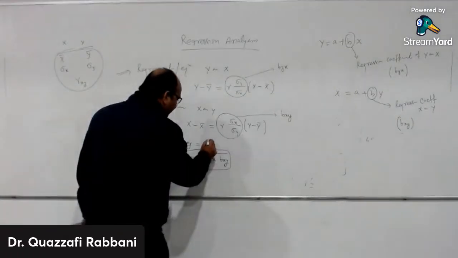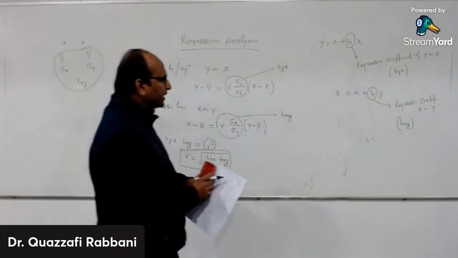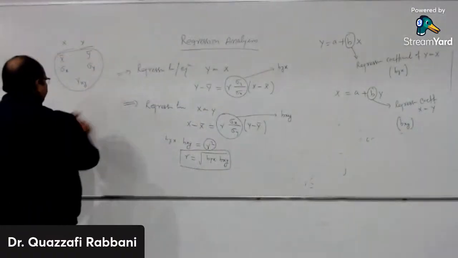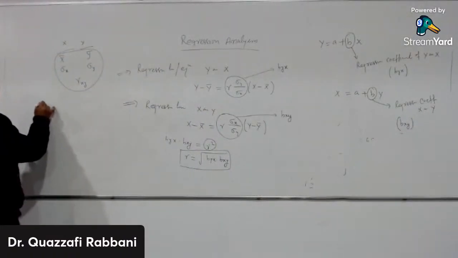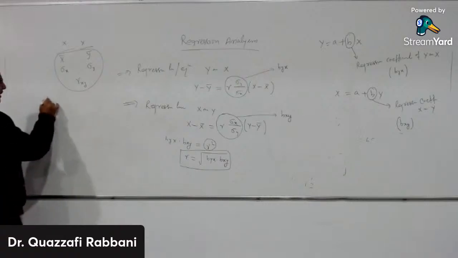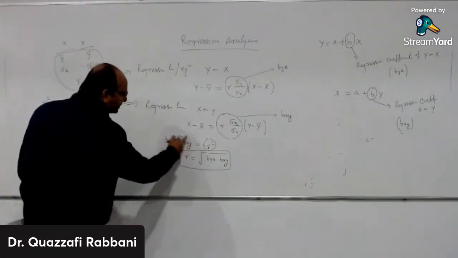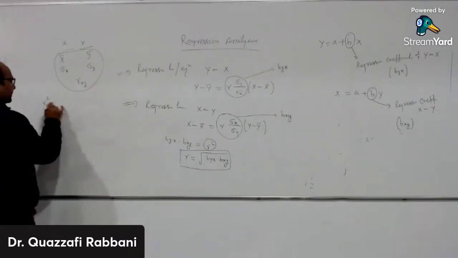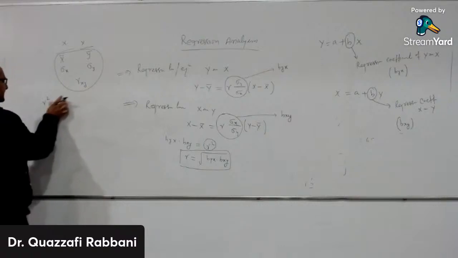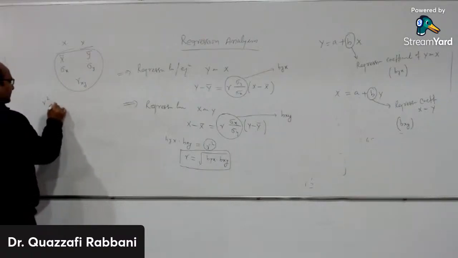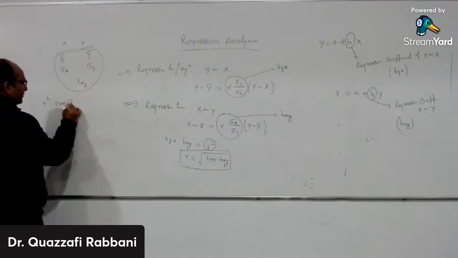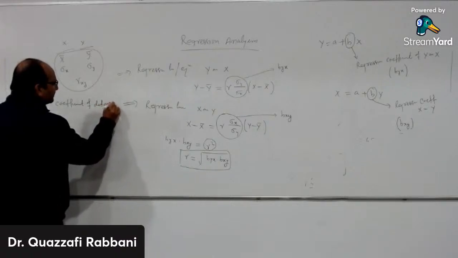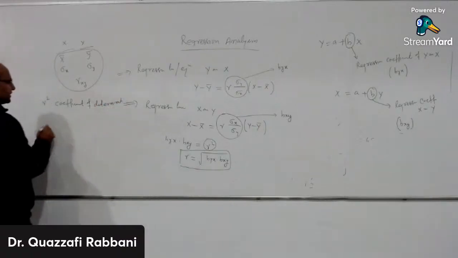And this is r square. We know r is the correlation coefficient, and r square, the product of these two regression coefficients, is known as the coefficient of determination, R square.